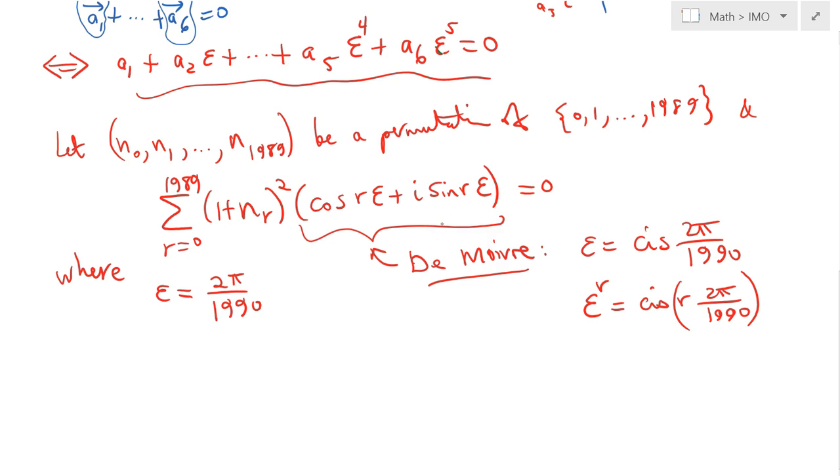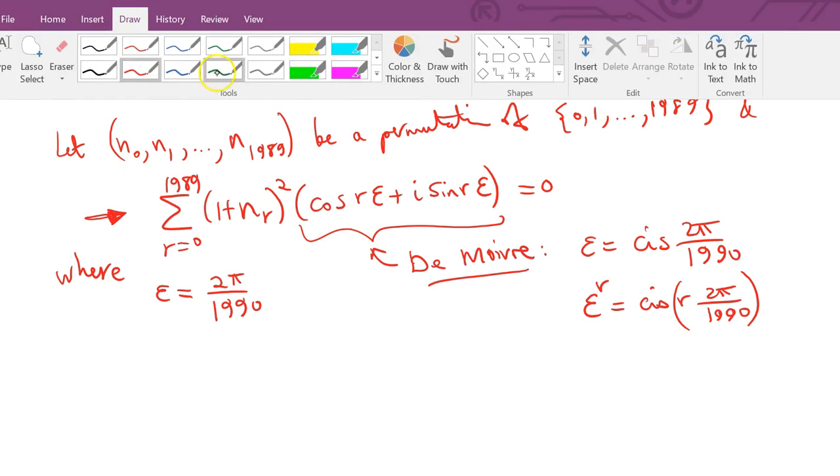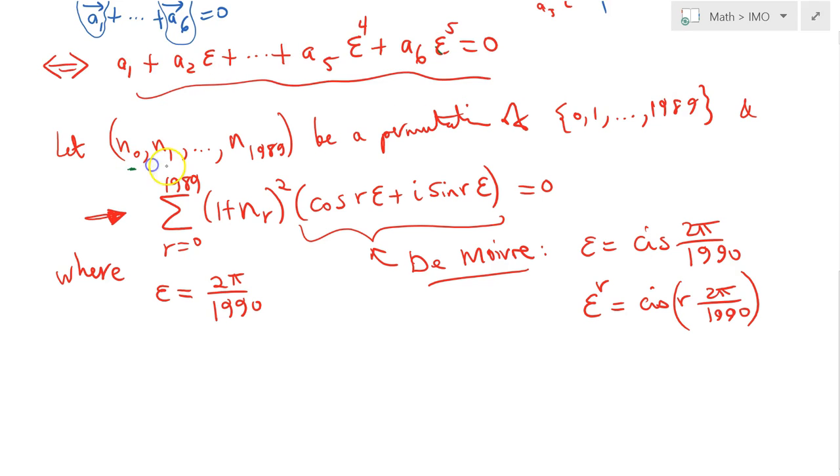Does everyone agree now that this directly follows from the lemma, right? With the only exception that we do not know the actual ordering of these numbers n0, n1, up to n1989. It's a permutation of this, and we need to find it. So we need to find an algorithm that would allocate these numbers into this expression here.